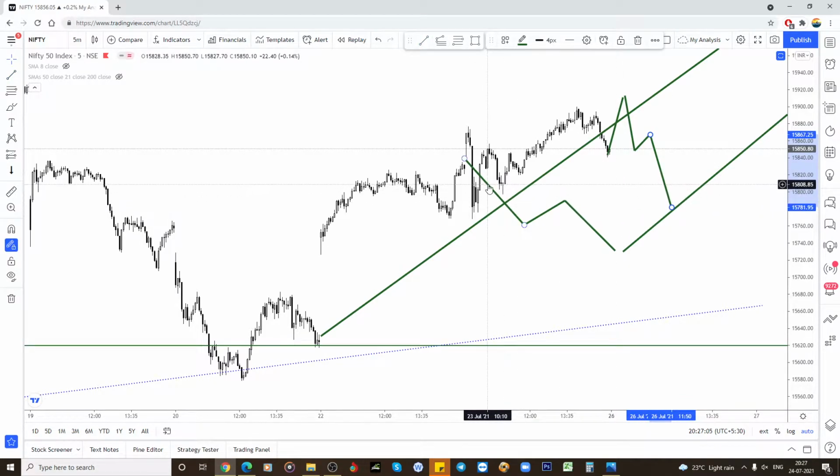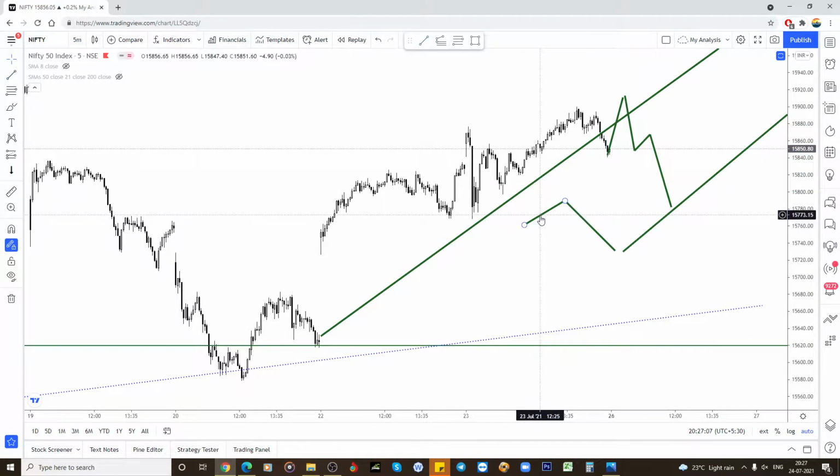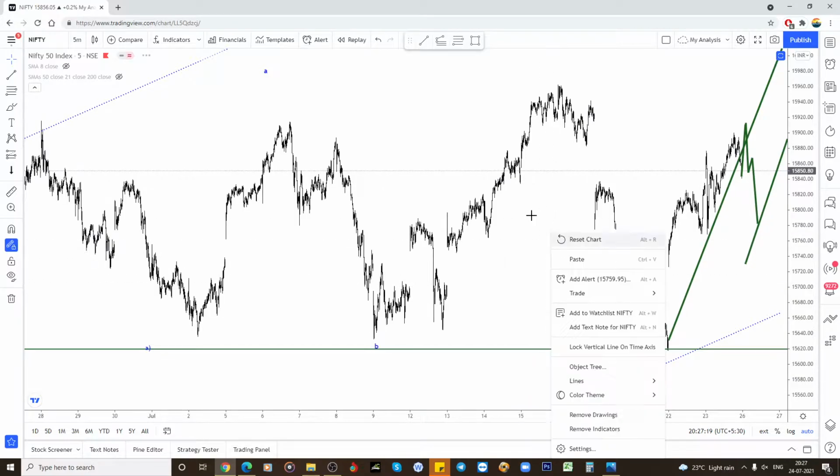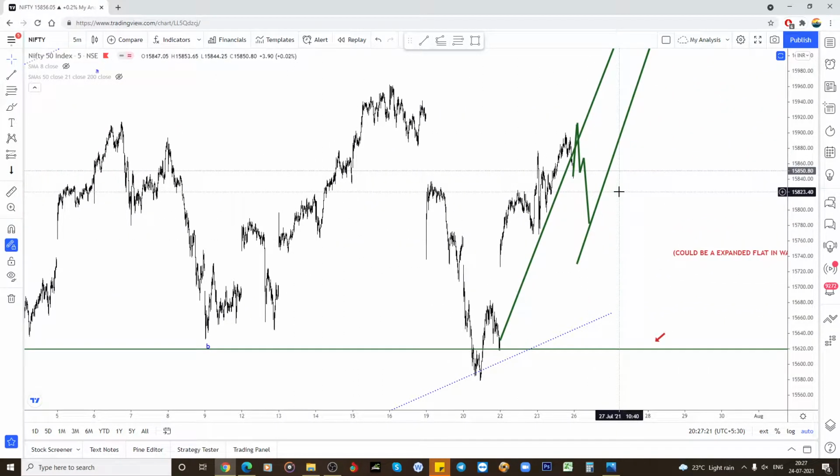So this idea has become invalid now. That is why I have explained that a sell is not advised. Only if it comes in a three-wave structure, make this a stop loss and go for a buy with the target of 16,270 to 16,400.